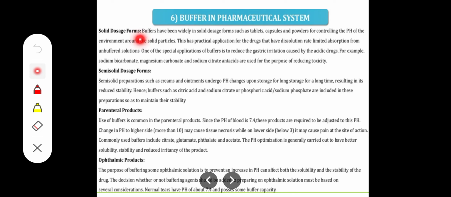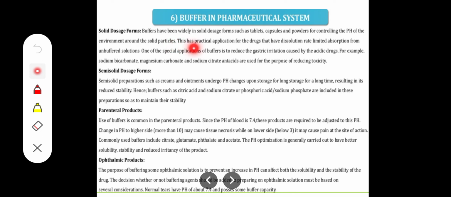In solid dosage forms such as tablets, capsules, and powders, buffers are widely used for controlling the pH of the environment around the solid particle, right? So that's where the buffer has a major role, because the pH of the environment has to be maintained first of all, right?